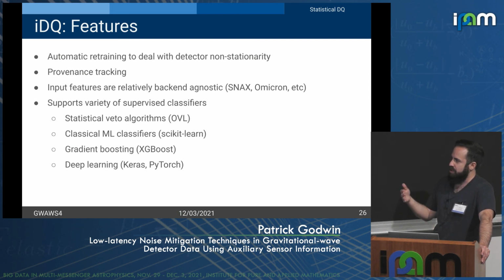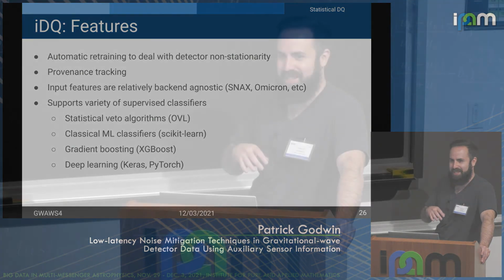And then some of the classical machine learning classifiers via scikit-learn, gradient boosting, deep learning. So I think someone mentioned before iDQ, whether that's machine learning, and I would say it depends. If you use a statistical veto algorithm, I think most people wouldn't consider that to be machine learning, but maybe. But the rest are definitely. So it's pretty flexible in that respect.